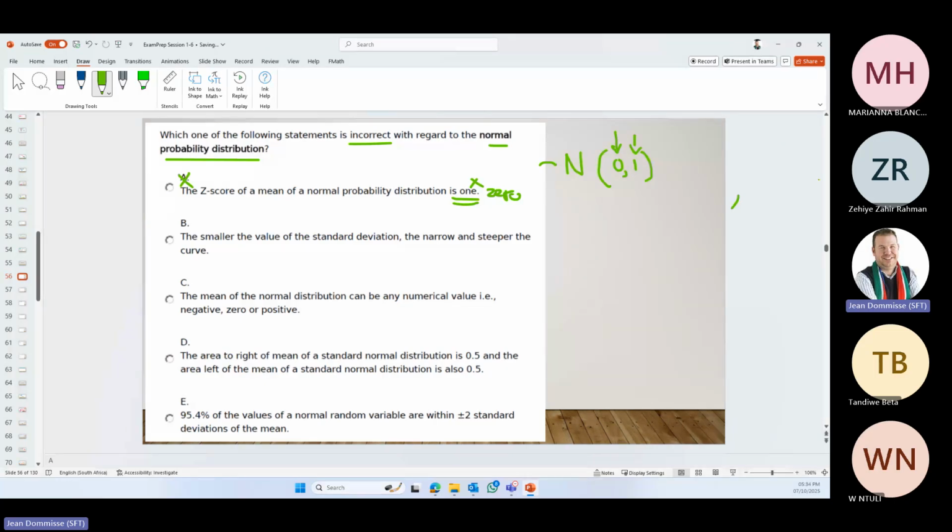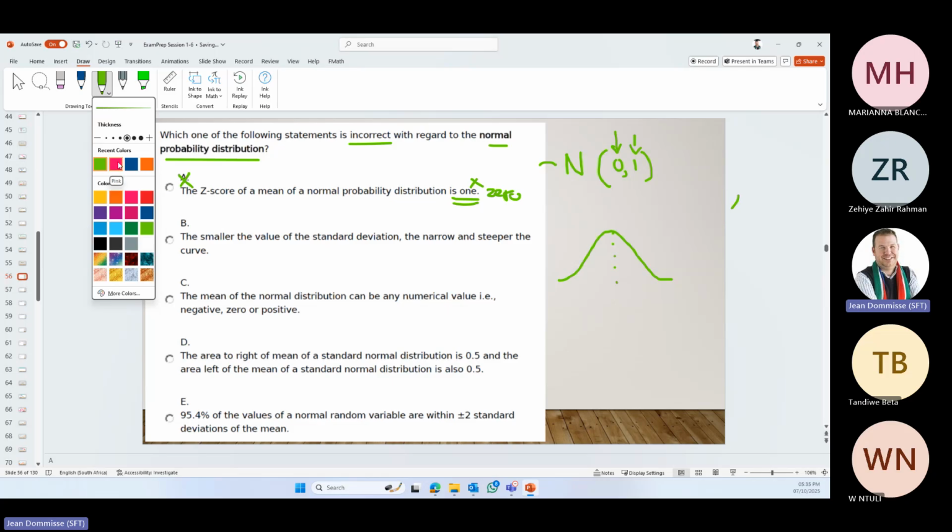The smaller the value of the standard deviation, the narrower and steeper the curve. Let's try and draw it here, and this is somewhere in your study guide as well. Let me see if a different color will work a bit better.